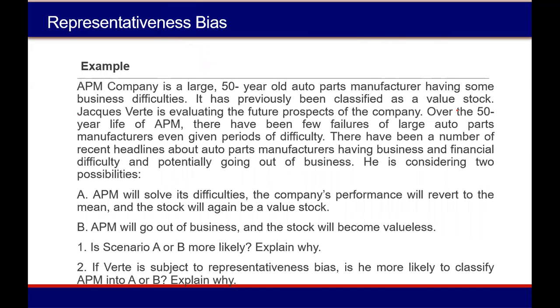Okay. So in that case, you will also see one example here of representativeness bias, that people will try to give more weight to the recent information. People forget about the existing or base information. Say there is a 50 years old company in the automobile industry.